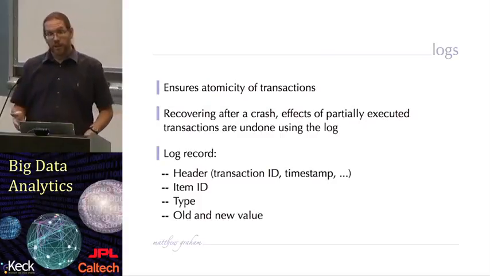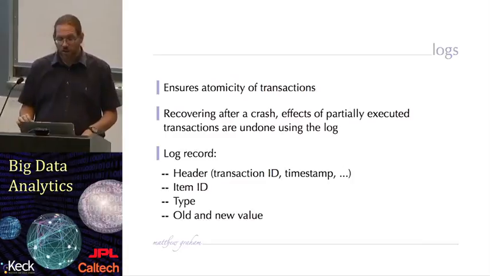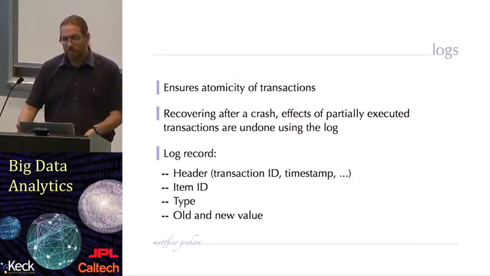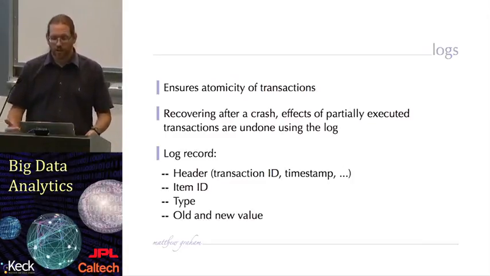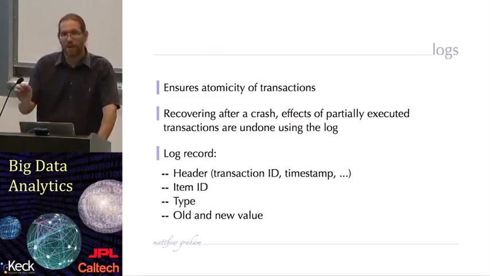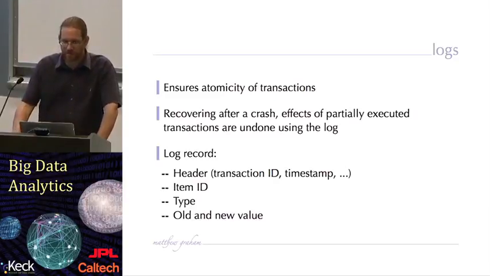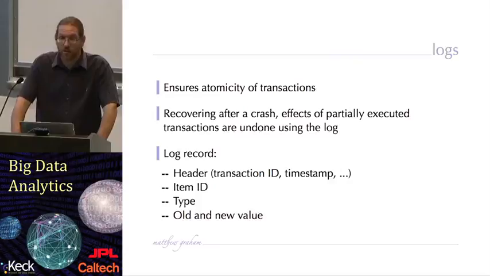A relational database will have a set of logs where it writes down, keeps track of all the transactions that are occurring with the relational database. This ensures the atomicity of transactions, the A part of the ACID, that there is a complete set. And it's useful should your database unfortunately crash.